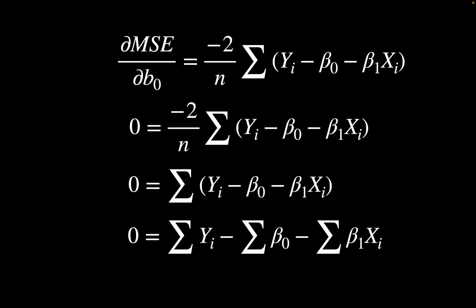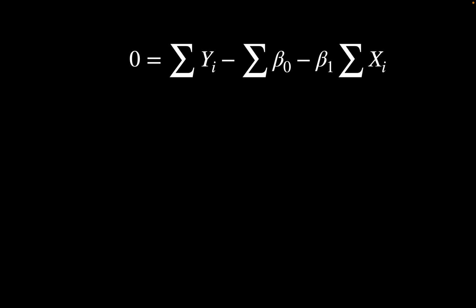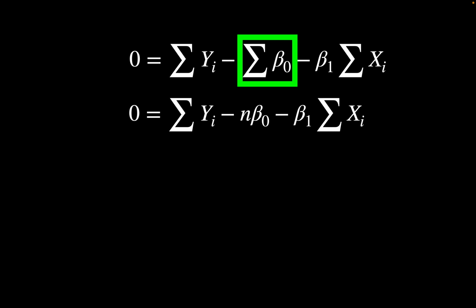And because addition is commutative, we can break up the addition into these three sections. Now, the sum of our beta 0s is the sum of a constant. And how many beta 0s are we going to have? Well, it depends how many predictions we're making, how large our training set is. And we'll say our training set is length n. So we have n beta 0s.